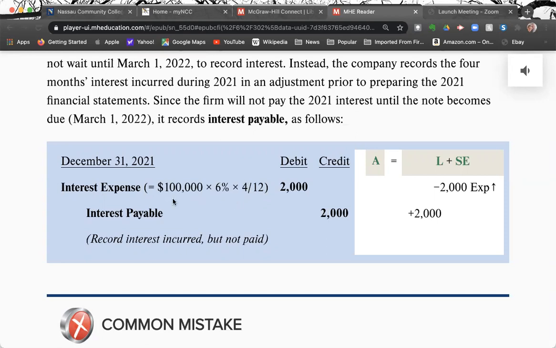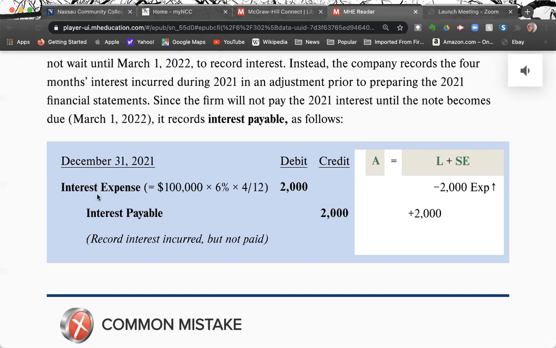So 100,000 times 6% would be $6,000. $6,000 times 4 over 12. 4 over 12 is 1/3. Right, so $6,000 divided by 3, or times 1/3, is $2,000. Debit interest expense, credit interest payable.